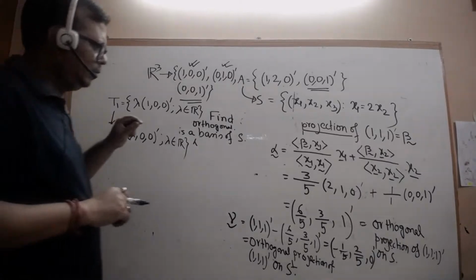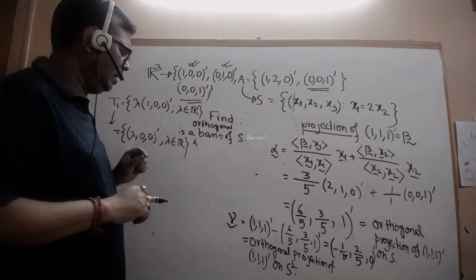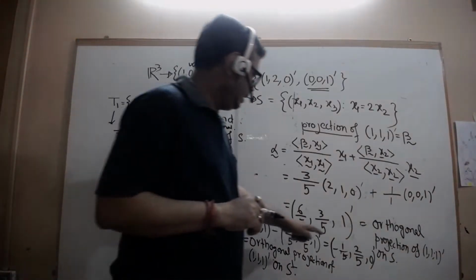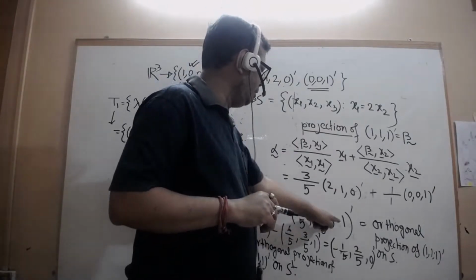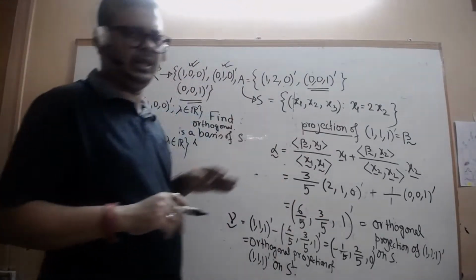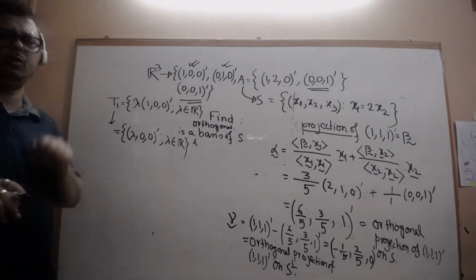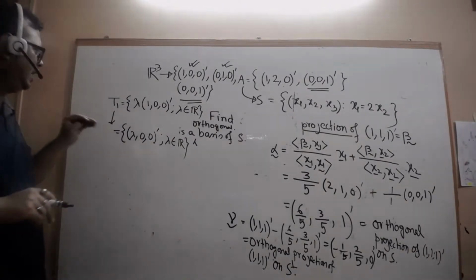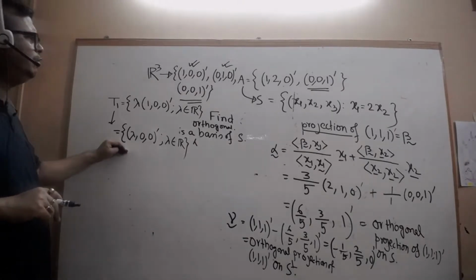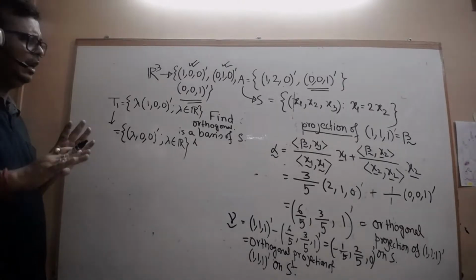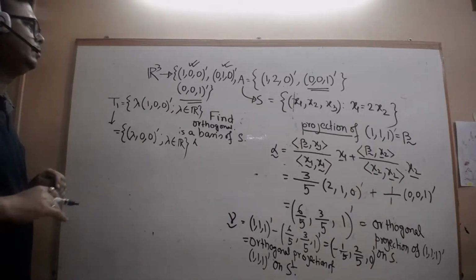One thing you should remember, that 6 by 5, 3 by 5, 1 is also a projection. But it is not only a projection, it is an orthogonal projection. But here I want to find any projection. It may not be orthogonal.